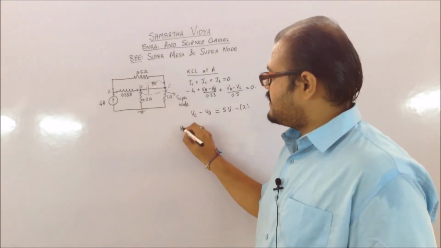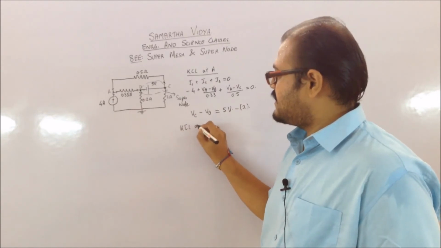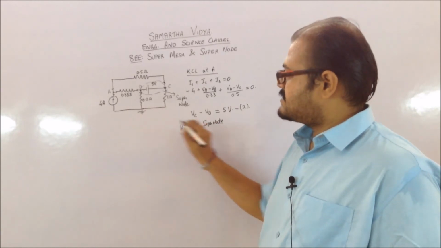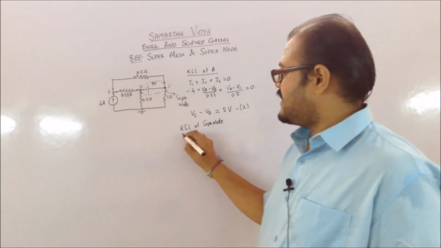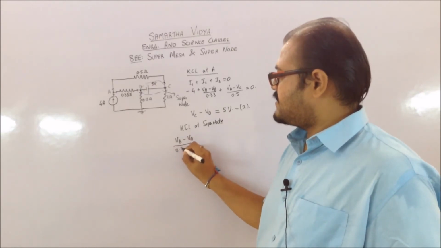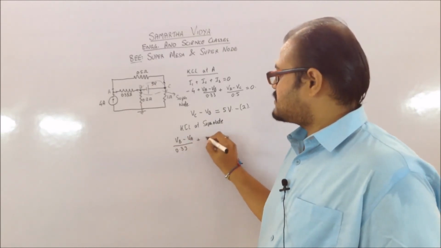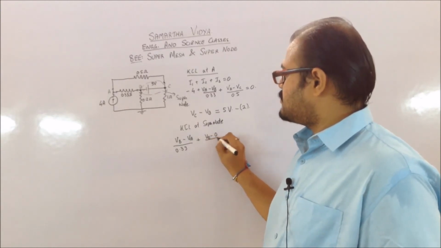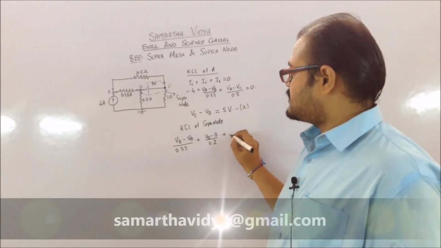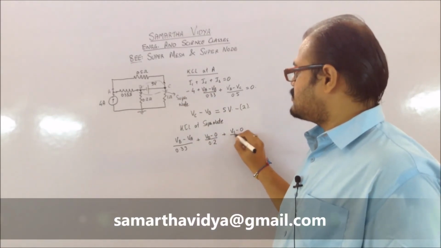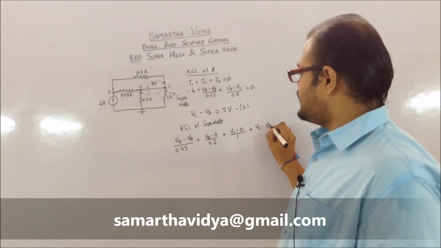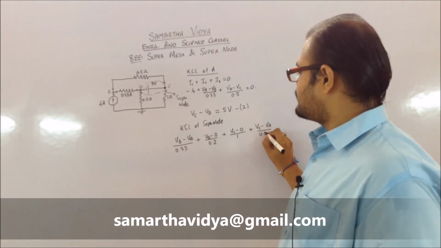So next we apply KCL at the super node. We have already discussed the currents flowing. So you will have (VB minus VA) upon 0.33 plus (VB minus 0) upon 0.2, plus (VC minus 0) upon 1 plus (VC minus VA) upon 0.5.